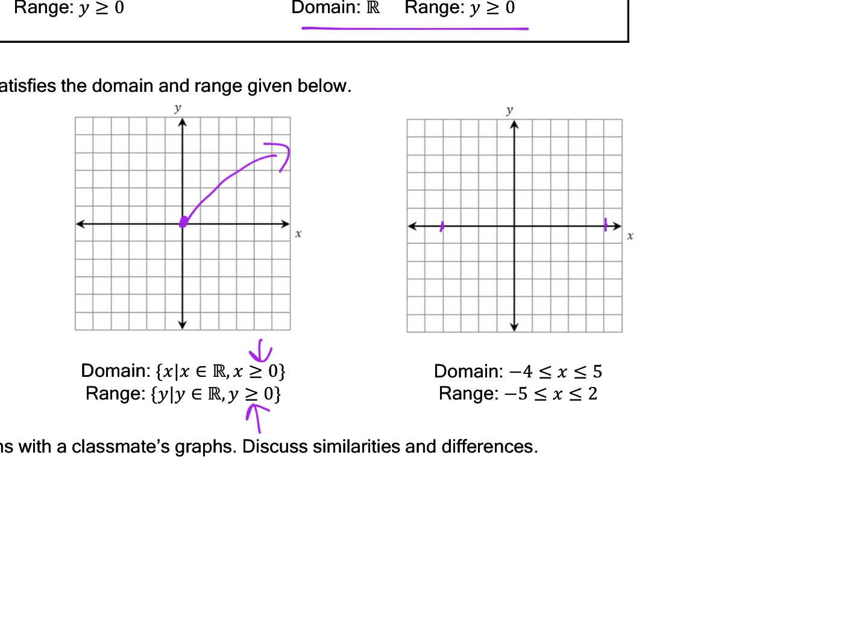And then the range is in between -5 and +2. So I'm going to go ahead and plot my points. And then I'm going to connect it. So that's one way of doing it. You could draw a straight line, you could zigzag as long as it's in between those 2 points. That should have been a y there.